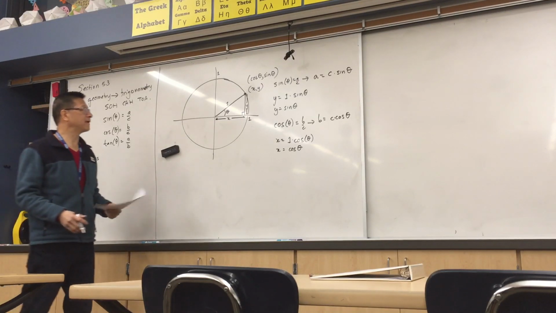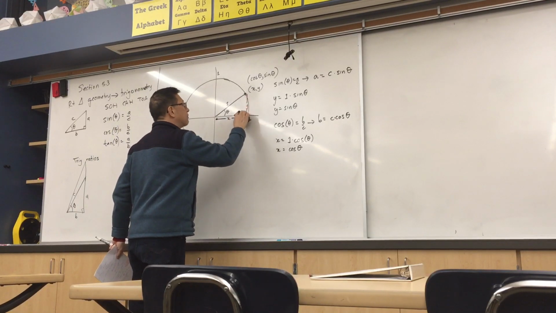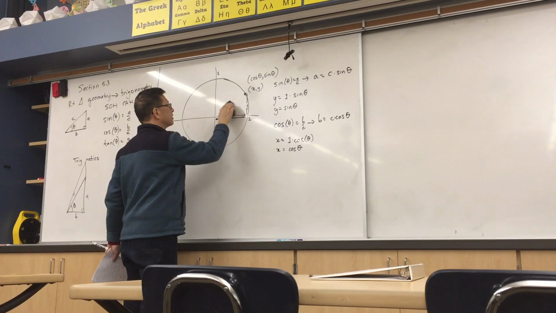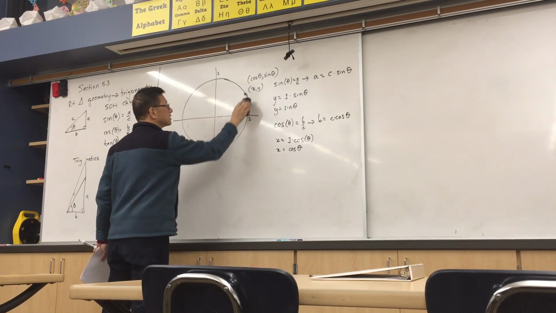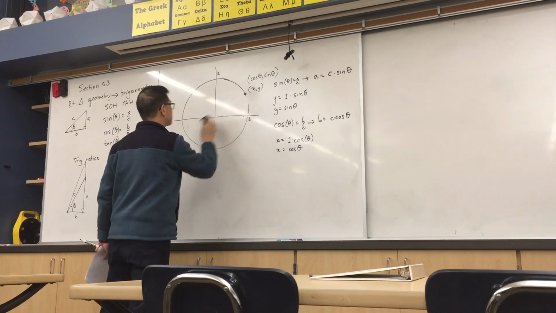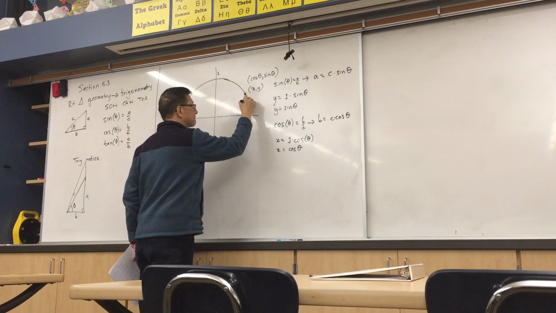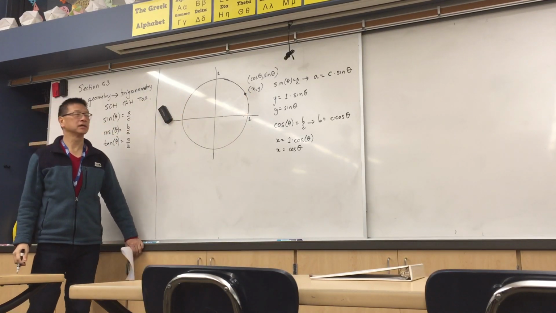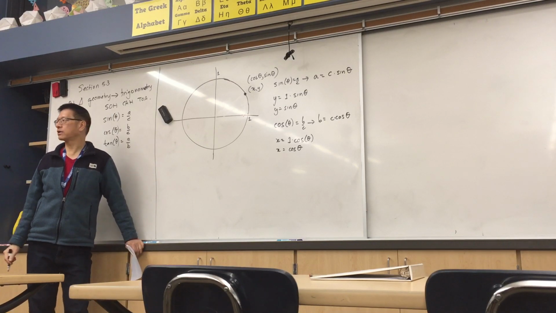So what we can do now is we can erase this. We can erase this if we know this is on a circle. So here's this point in space that's located using sine and cosine.